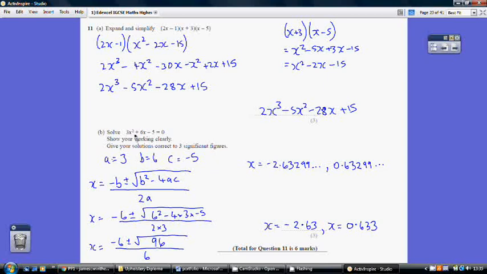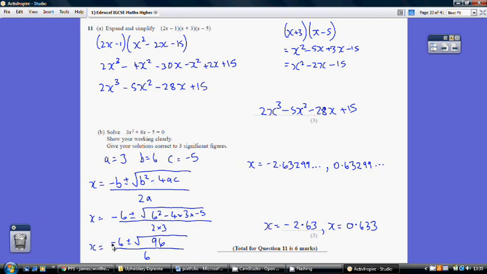So a is the coefficient of x squared, which is 3, b is the coefficient of x, which is 6, and c is minus 5. So substitute these into our quadratic formula here, and we get this. Tidy up under the square root, we get root 96.